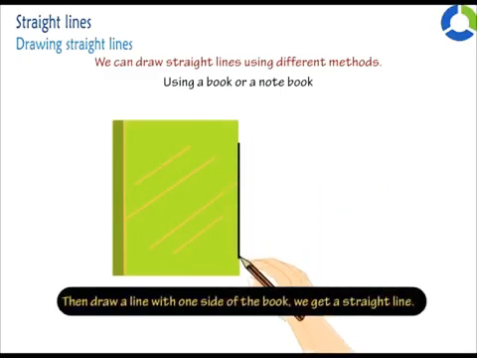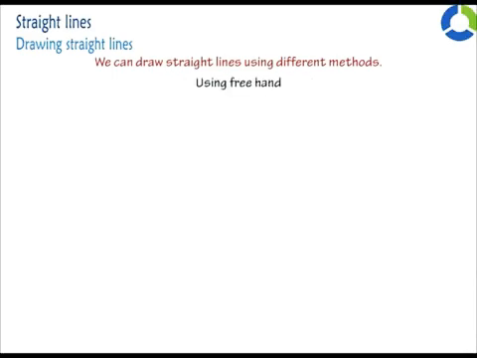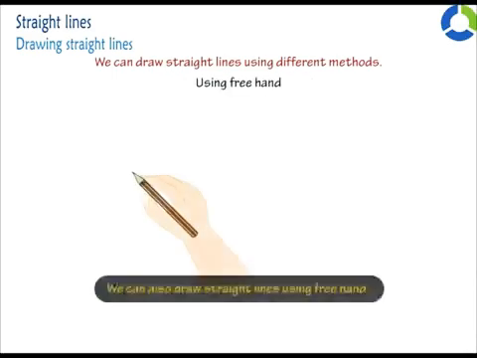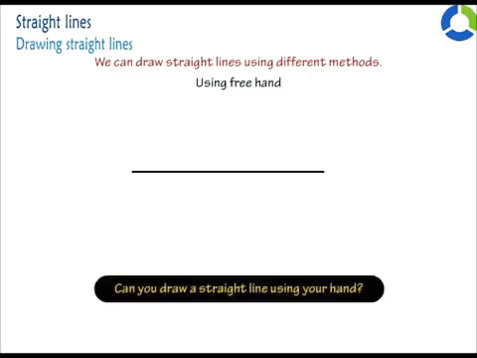Then draw a line with one side of the book. We get a straight line. Using free hand: we can also draw straight lines using free hand. Can you draw a straight line using your hand?